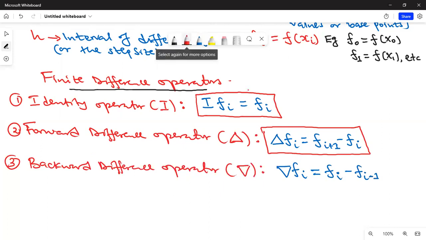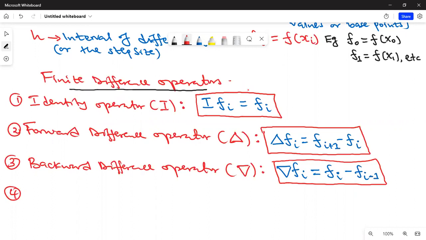Another operator, let me bracket this. Another operator is what we call the central difference operator. That is denoted by delta.